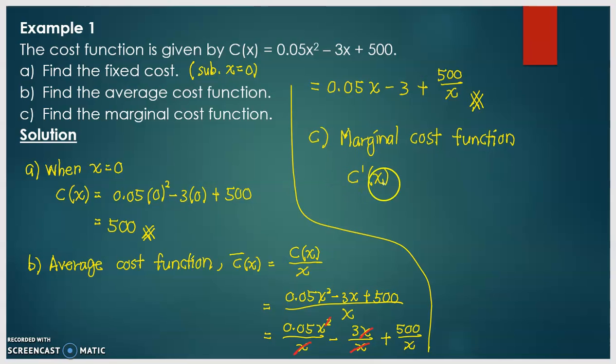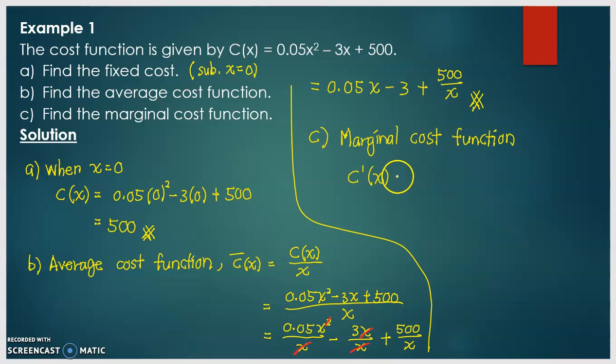So maksudnya kita kena differentiate. We need to differentiate the function of C(x). So don't differentiate the average cost function. Jangan kita pergi differentiate average cost function pula. Kita differentiate cost function, fungsi asal yang diberi tu.